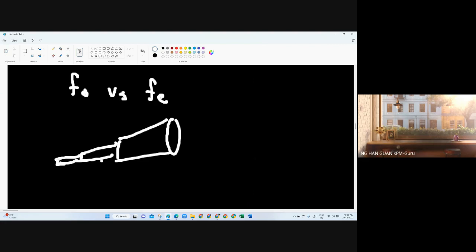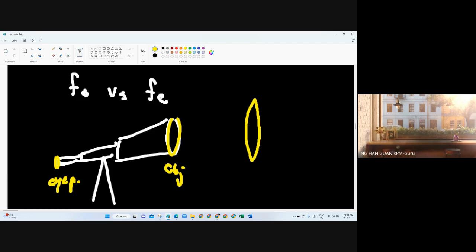So you're getting smaller and smaller. This is a telescope. We have the objective lens, and then we have the eyepiece lens here. So when the objective lens is bigger, according to the curvature of the lenses, this is the center, and the diameter here, we are talking about this curvature.